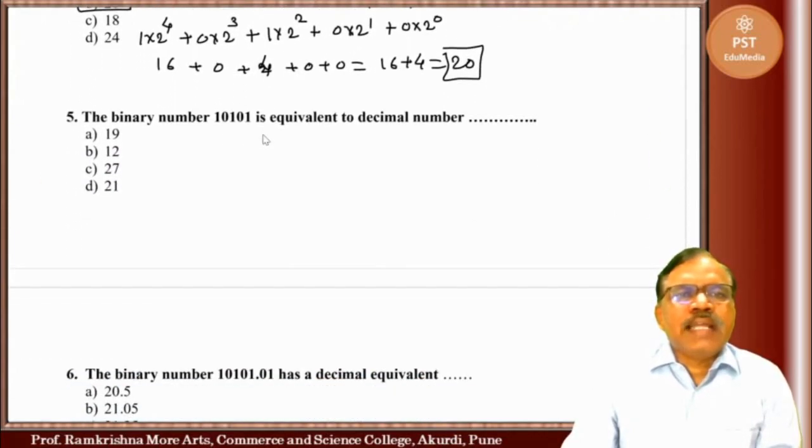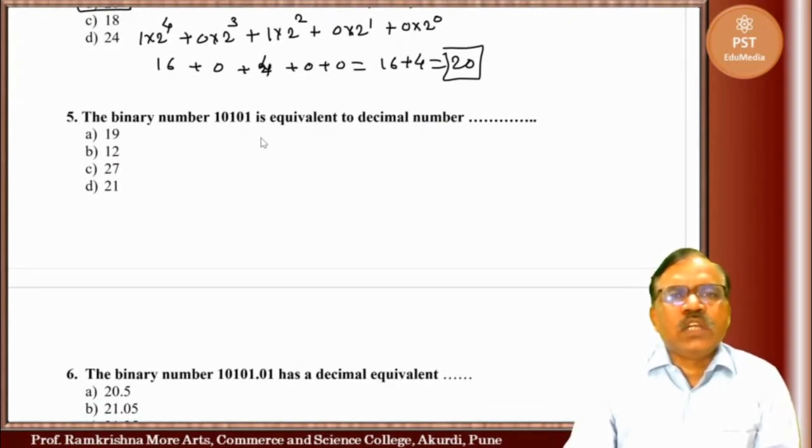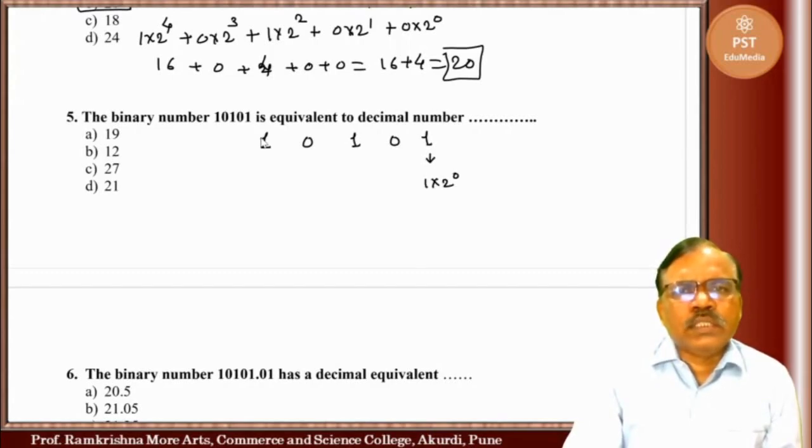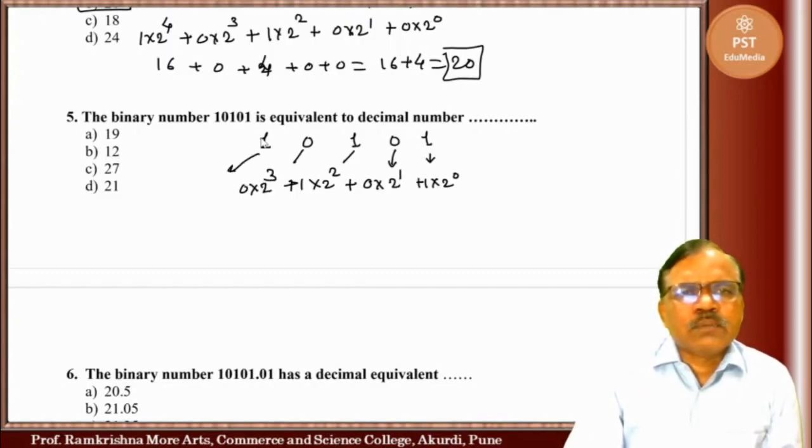Now next one, the binary number 10101 is equivalent to which decimal number? So corresponding to this, 1 into 2 raised to 0, plus 0 into 2 raised to 1, plus 1 into 2 raised to 2, plus 0 into 2 raised to 3, plus 1 into 2 raised to 4.